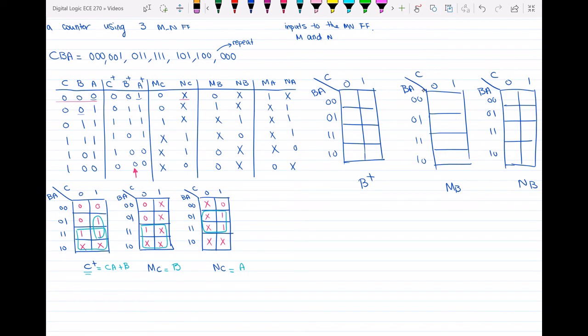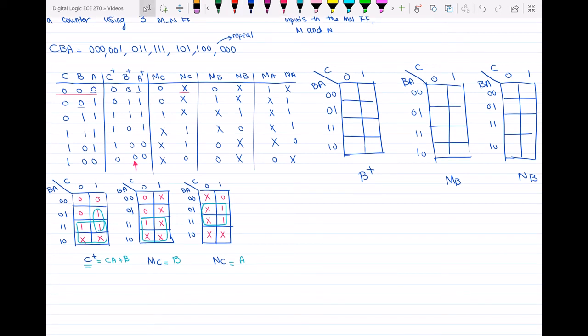I had to put these numbers in the first Karnaugh map, because I was reading the column for B plus. Okay, so let me fill it again. So we have 0, 1, 1, X, 0, 0, 0, X. Okay, so this was for B plus.